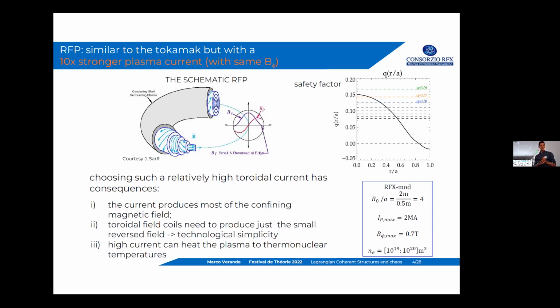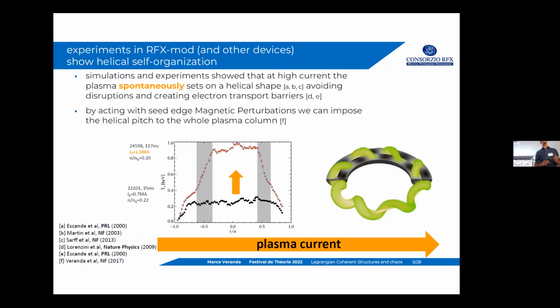But in the past, experiments and simulations showed that the reversed field pinch, when you increase the plasma current, spontaneously sets on a helical shape. And this helps avoid disruptions and also creates the electron transport barriers that you can see here in the picture.